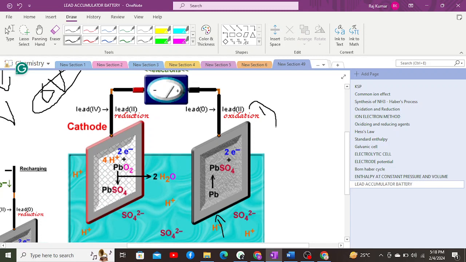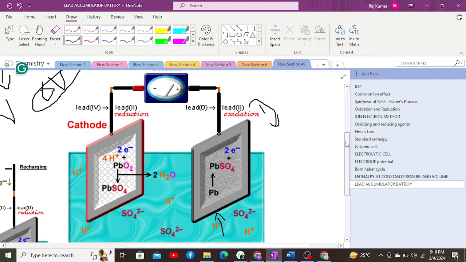There are a number of practical things we can do, such as checking the accumulation of lead sulfate, as well as checking the voltage drop.